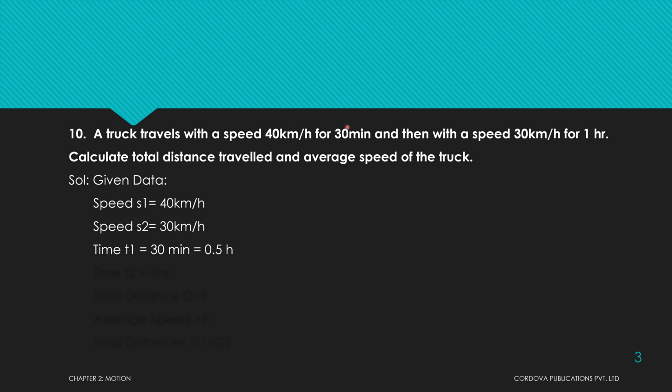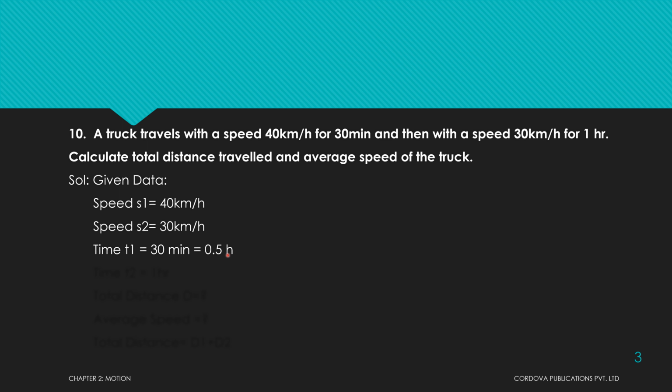So time T1 is equal to 30 minutes. Here the time is given in minutes, but if you see all the other given data, speed 1 is in kilometer per hour, and speed 2 is also in kilometer per hour. Even the time T2 is in hours, so we need to change this 30 minutes into hours.